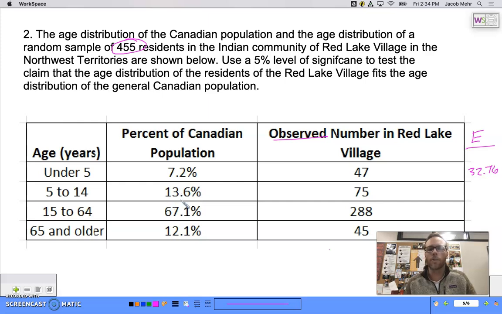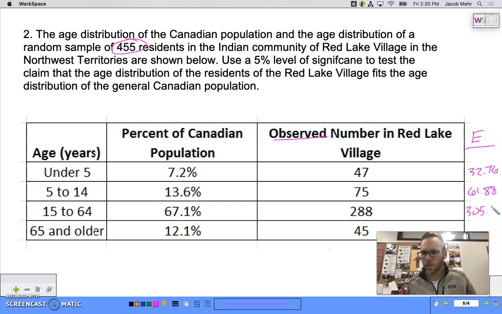Okay, now I'm going to find 13.6% of my 455. 61.88. All right, this one's a bit lower. 67.1% of the 455. 305.305.